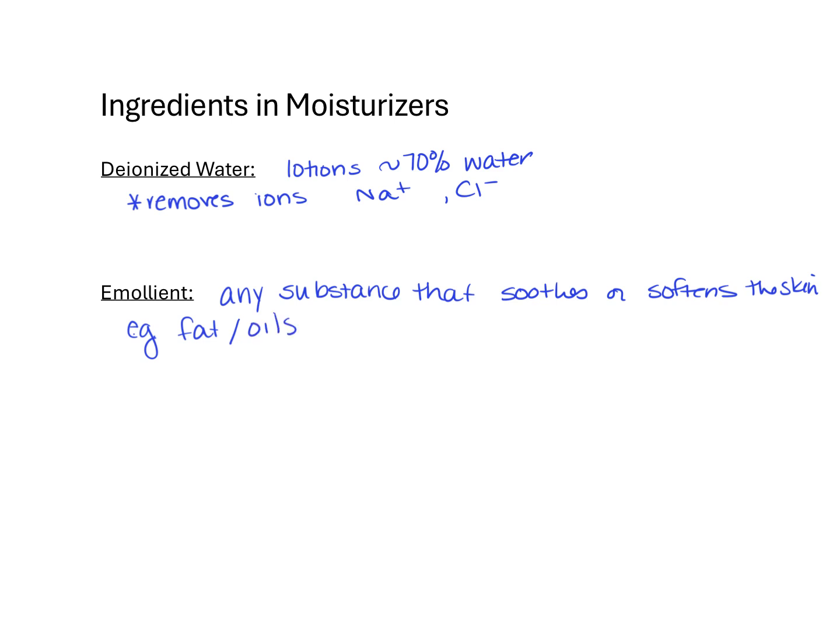So in a lotion, examples of this are things like castor oil, shea butter, sunflower oil. I've seen sesame oil. These are all emollients that we see in lotions.